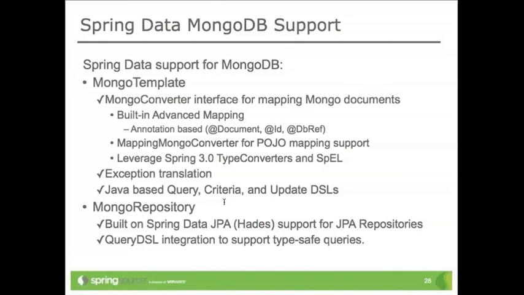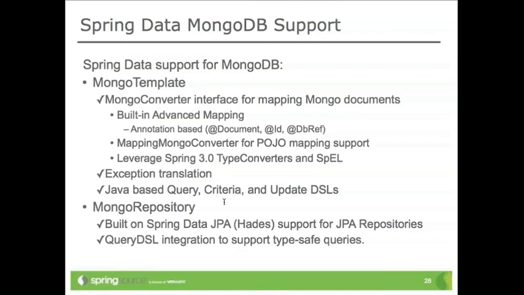You can provide an Id annotation to identify the ID field. And you can use DBRefs, which is a Mongo way of referencing a document that's not embedded in your document. It's actually a separate document. Like in my example, I have books and authors. So the book has a reference to the author, but the author is actually a totally separate document. It's stored in a separate collection.